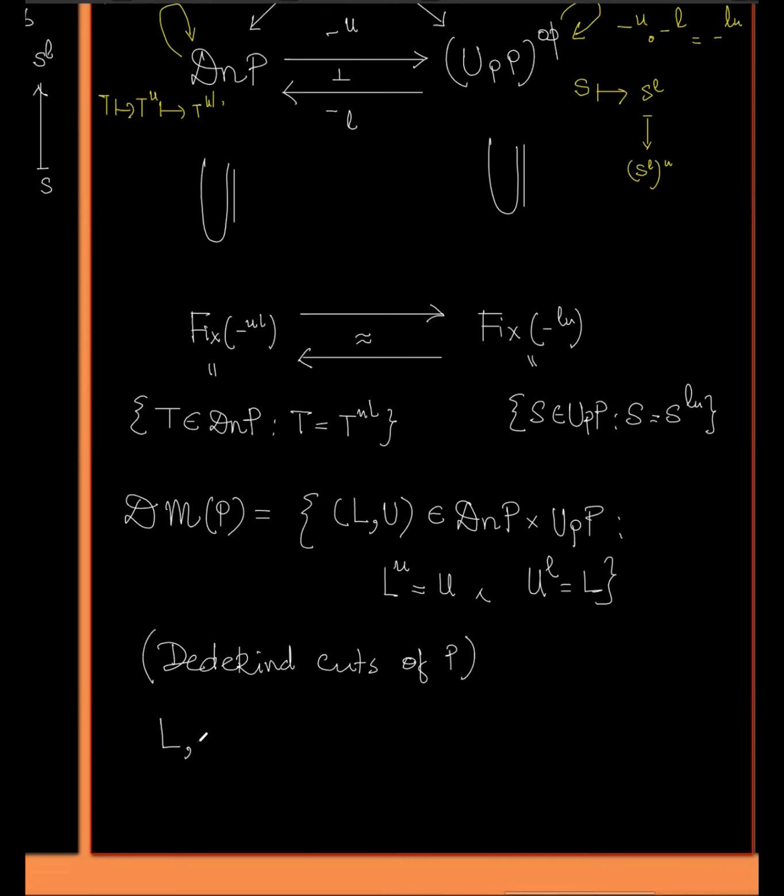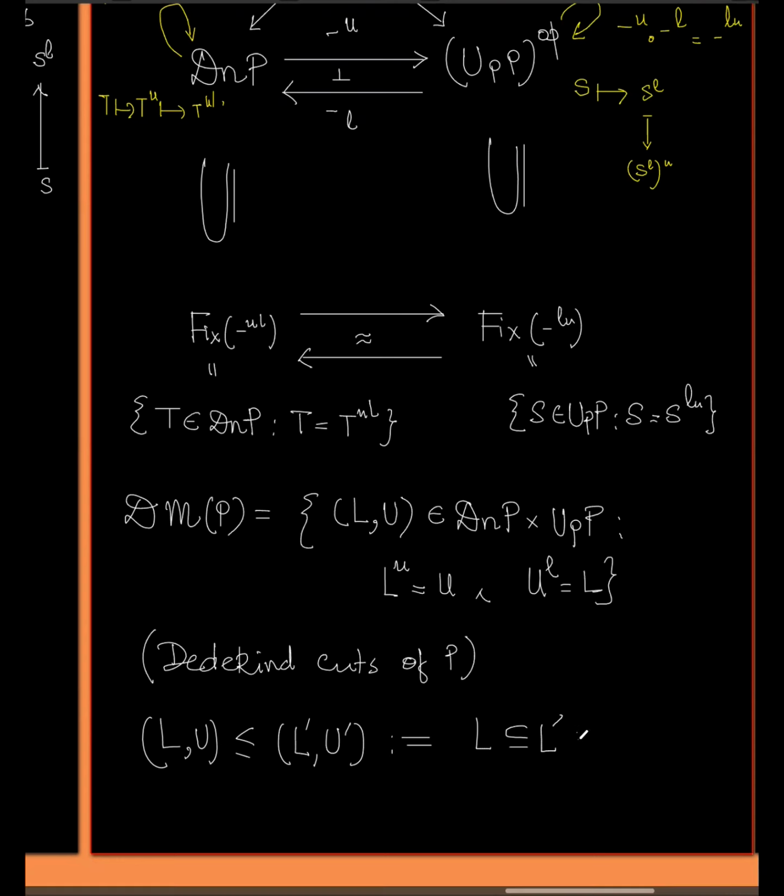So this is less than or equal to another such. What does this mean? If the upper set shrinks or the lower set increases, and you define this, it turns out that the join of this exists.